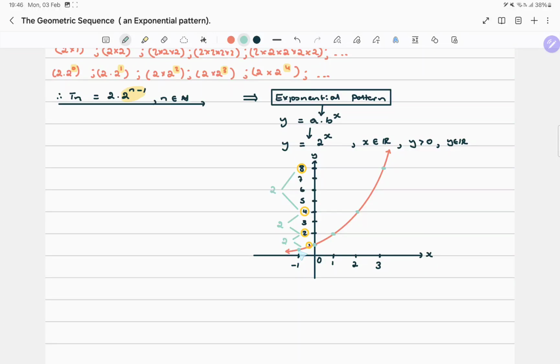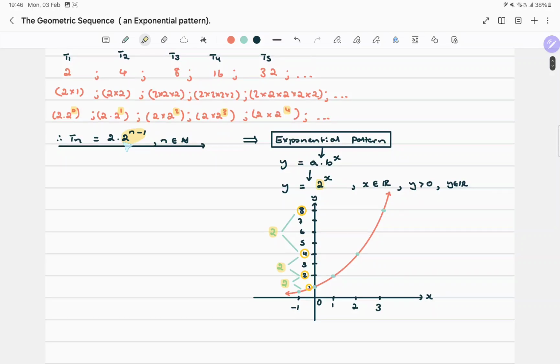And 1 divided by a half is 2. So we can appreciate that indeed this 2, which was the common ratio right here, is the base of our exponent. It's the base of our power. And we were able to see that we also had something like that.